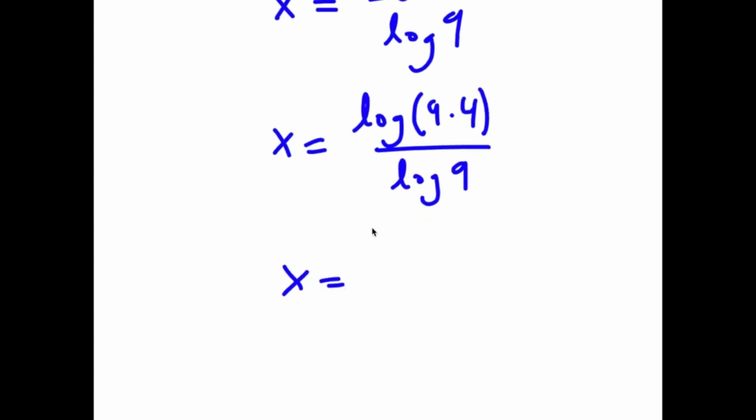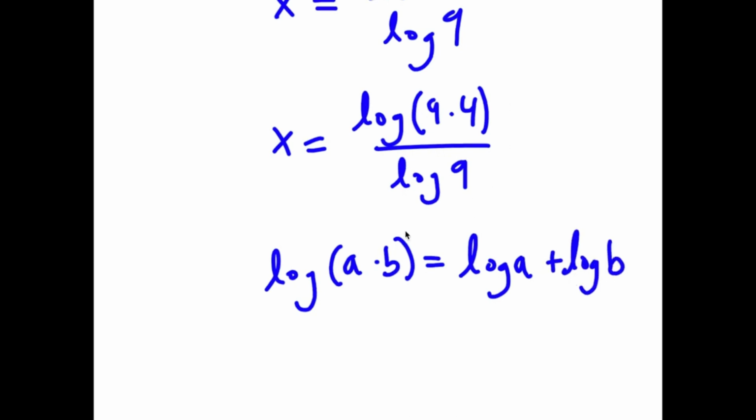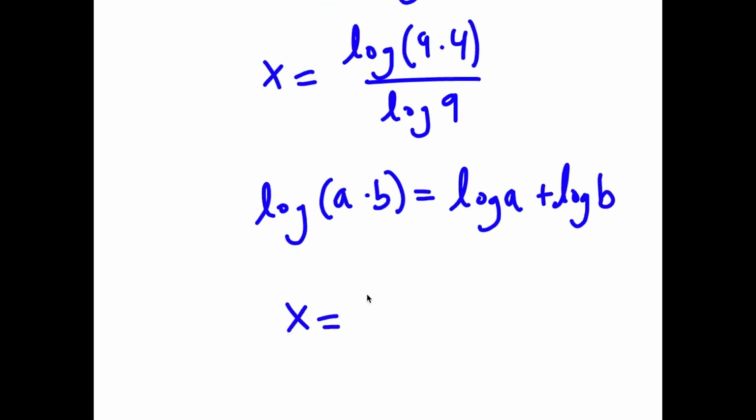Now this is the same thing as, if I have something in the form log of a times b, this is equal to log a plus log b. So log of 9 times 4, that's going to equal log of 9 plus log of 4.